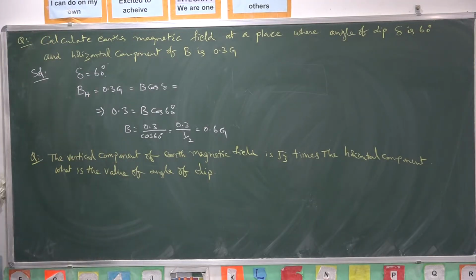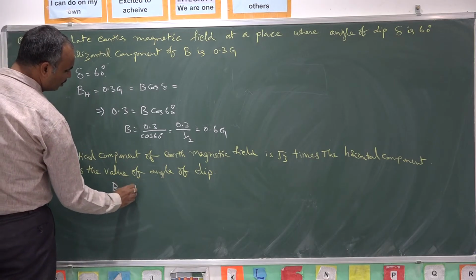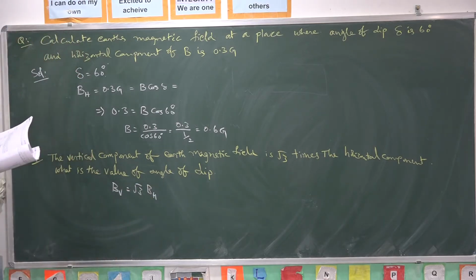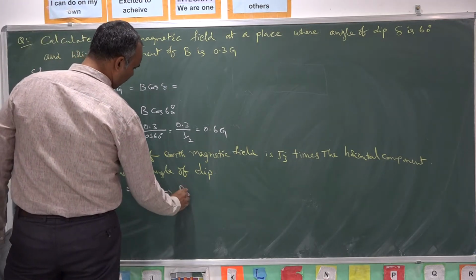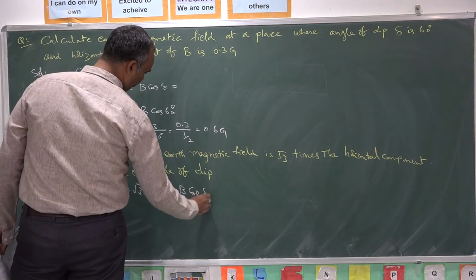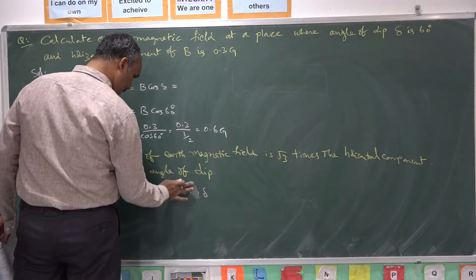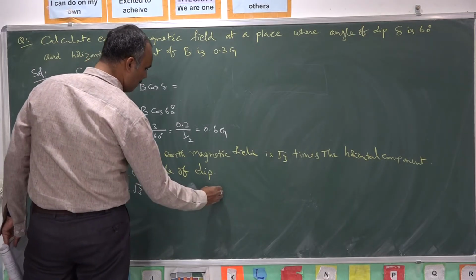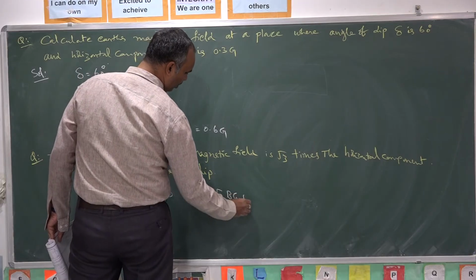Solution is simple. You are given that vertical component of Earth's magnetic field is √3 times the horizontal component. So the vertical component is B sin delta, which is equal to √3 times B cos delta.